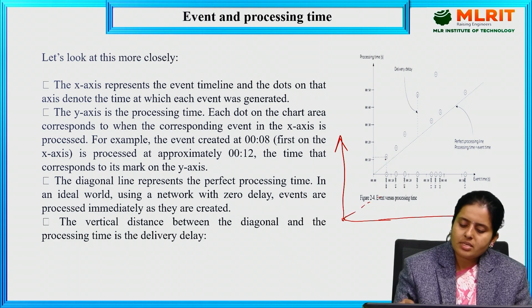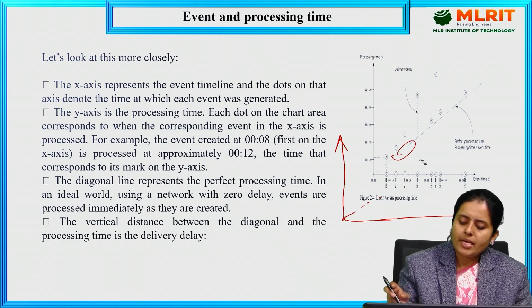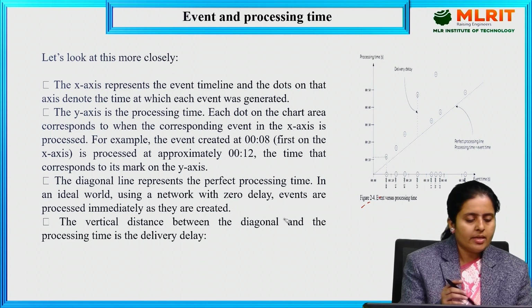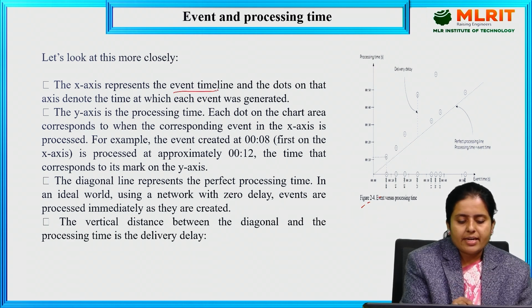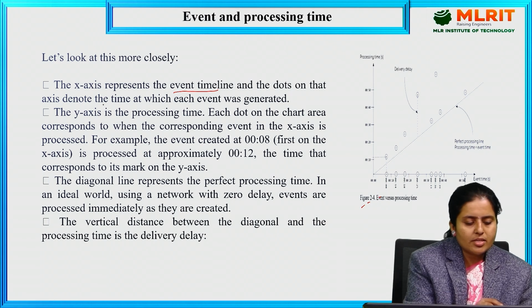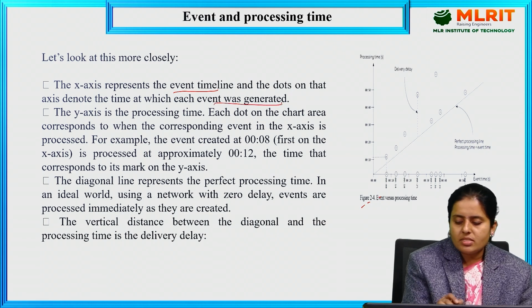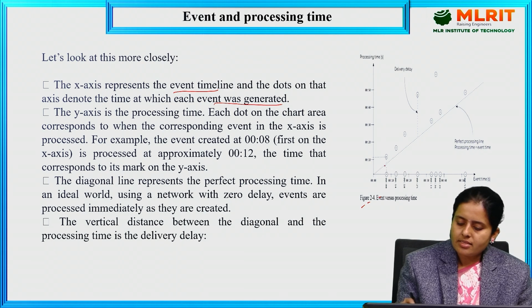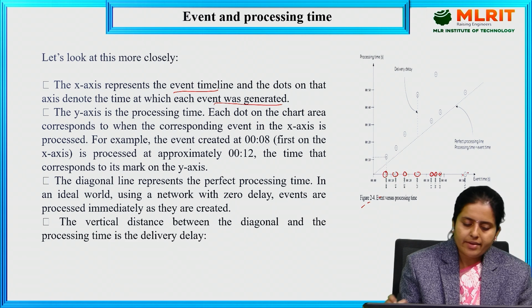Here the x-axis represents the event timeline, and the dots on that axis denote the time at which each event was generated. All these dots on the x-axis are events.